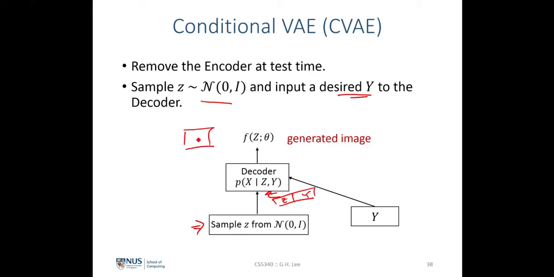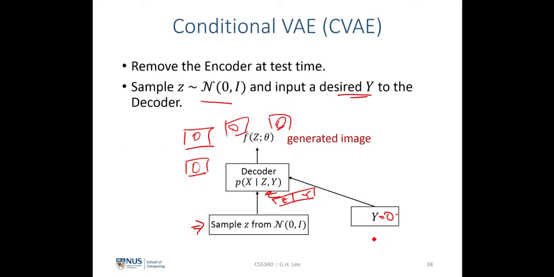I cannot control the digit, but as long as I can condition it upon a label, this means that I can say that y equals 0, and I'm going to condition upon this and randomly sample z from the normal distribution. What this means is that this output here would be 0, but depending on the sample that I drew from the normal distribution, the style and the handwriting of this 0 might be written in a different form, but it will always be 0.